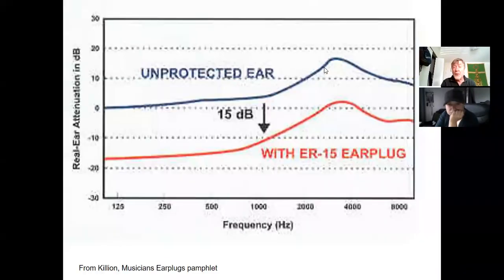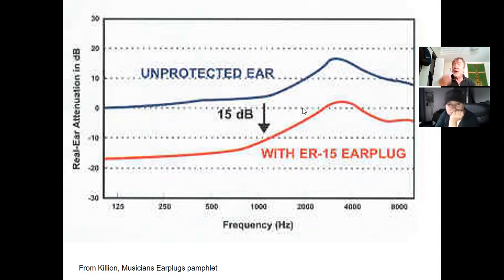And all those kinds of shapes resonate. Your ear canals resonate with high frequencies. Your ear canals naturally resonate at 3,000 hertz, which is right where the consonants are. This is the natural, unprotected, open ear canal resonance.